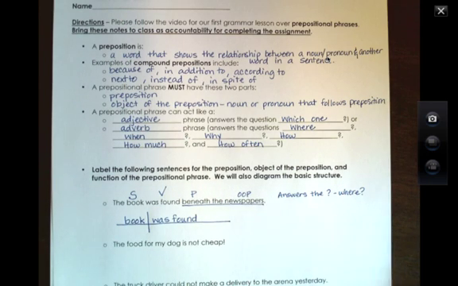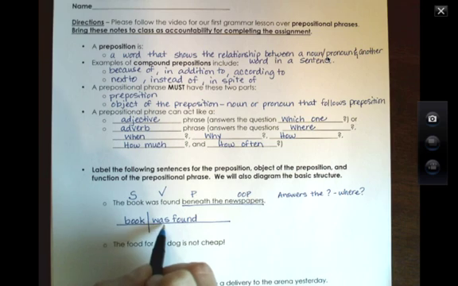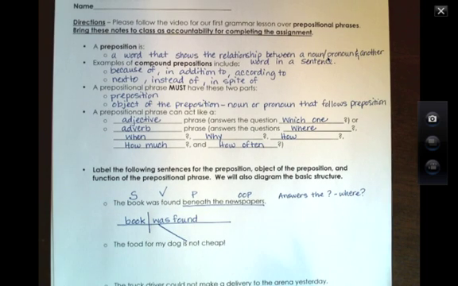And in this sentence, we don't have a direct object, we don't have a predicate adjective, we just have our prepositional phrase left.